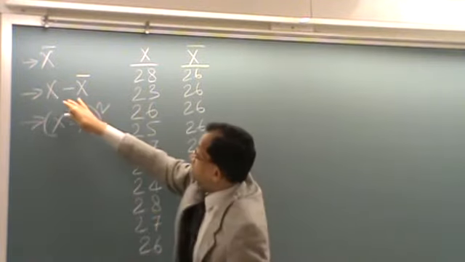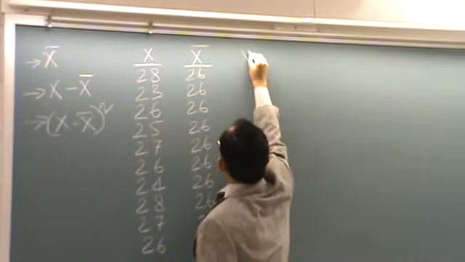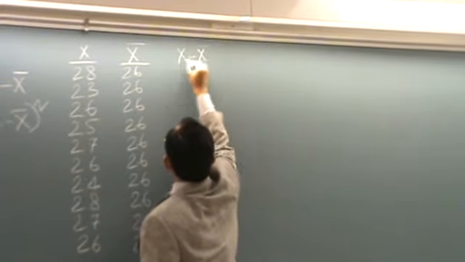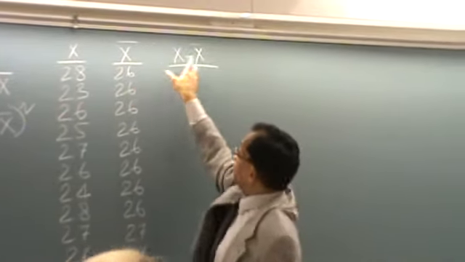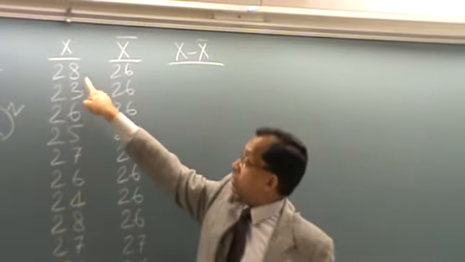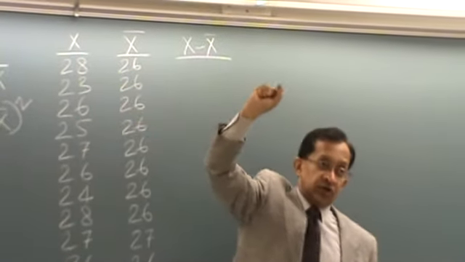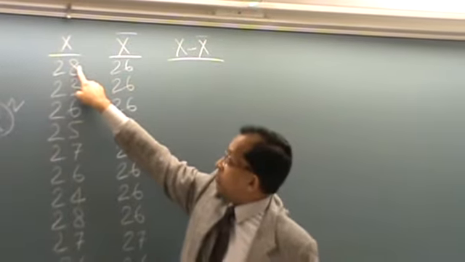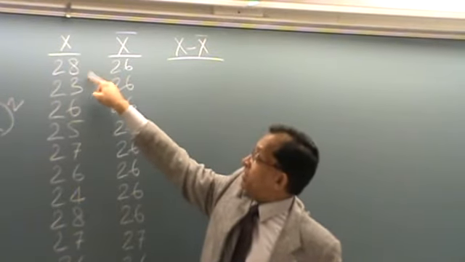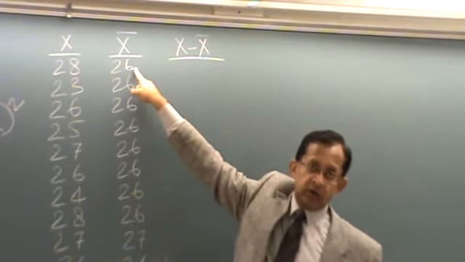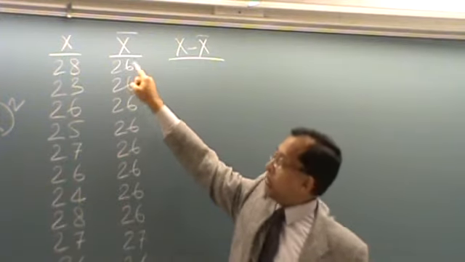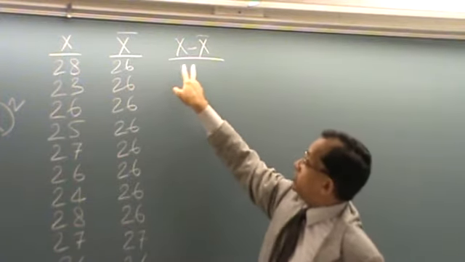Next one, remember this x minus x bar? At this stage we are trying to find out how much these numbers are deviating from the mean. So that's why we are doing this x minus x bar.